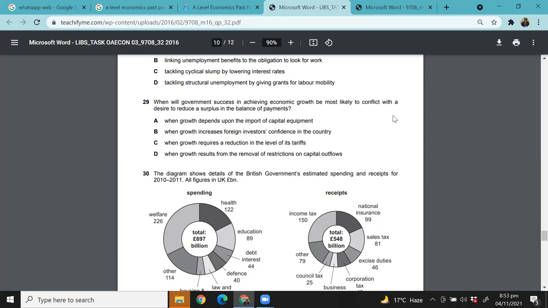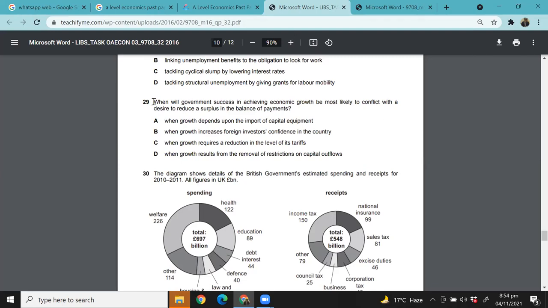When growth results from the removal or restrictions of capital outflows. Interesting. Okay, what do you think is the answer? How many of you got the question? You want me to explain it?